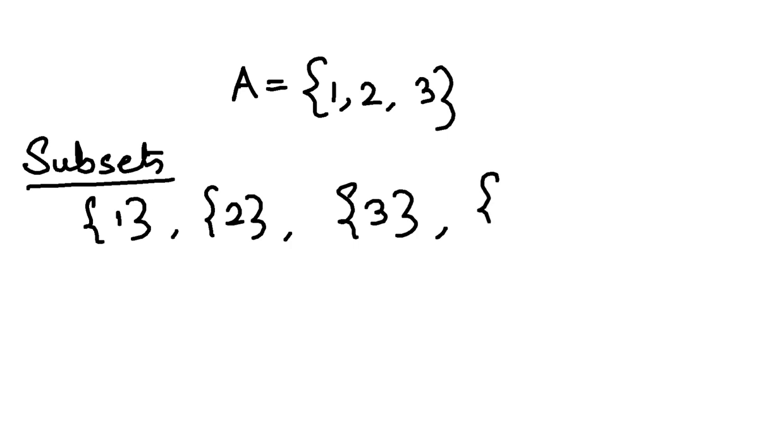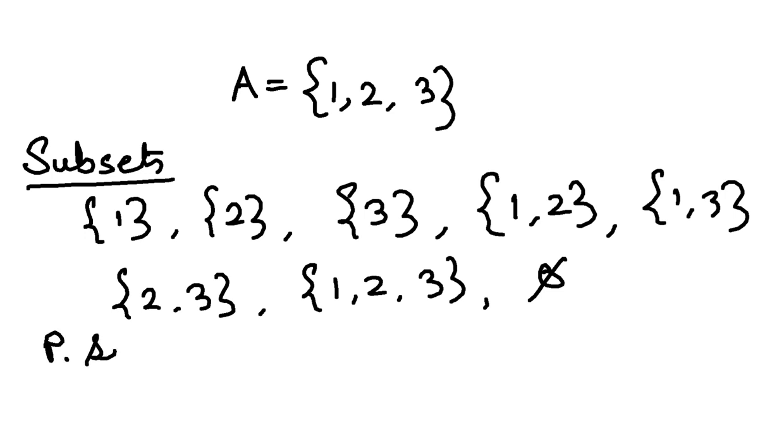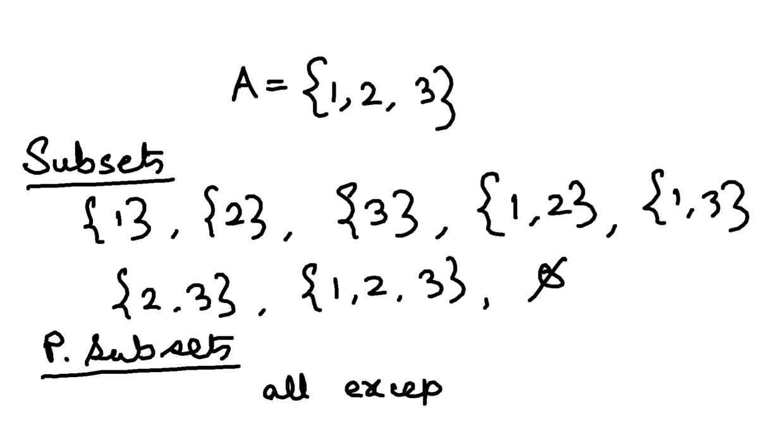Then I'll take 2 at a time, so {1, 2}, {1, 3}, then {2, 3}, and then obviously {1, 2, 3} is a subset also, and then phi. Okay, now which are the proper subsets here? All except which one will go out? This one, {1, 2, 3}, will go out, others are proper subsets.